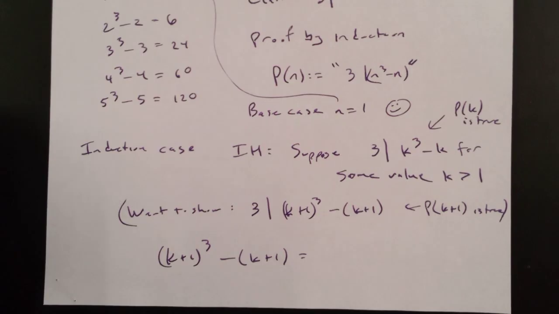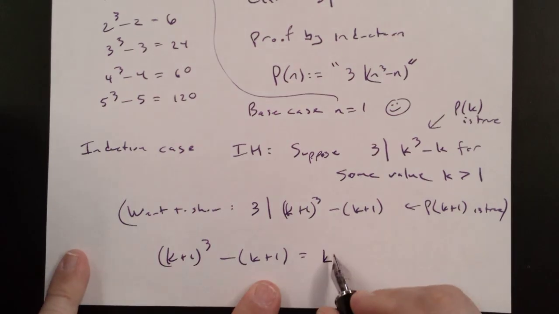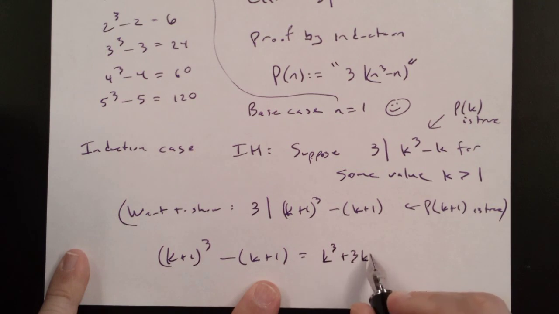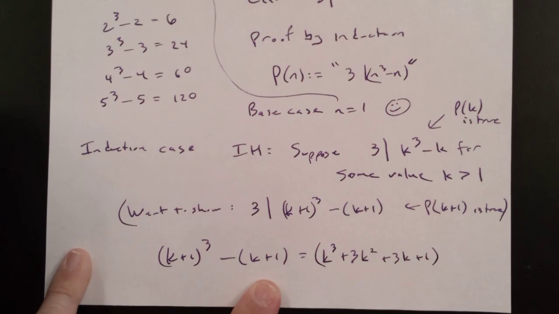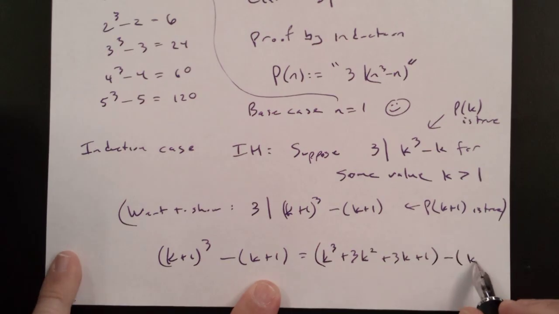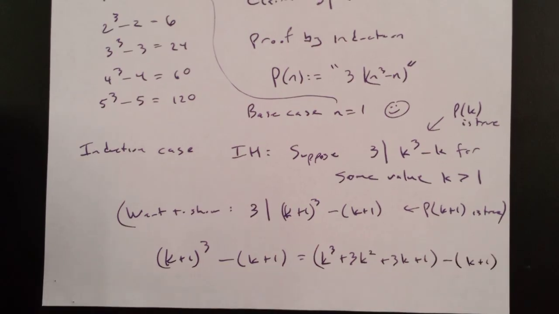When I multiply out (k plus 1) cubed, I get k cubed plus 3k squared plus 3k plus 1. Now you'll notice what I didn't do.